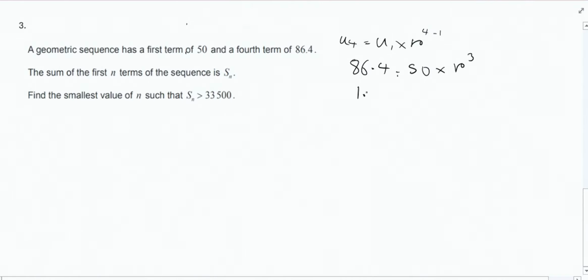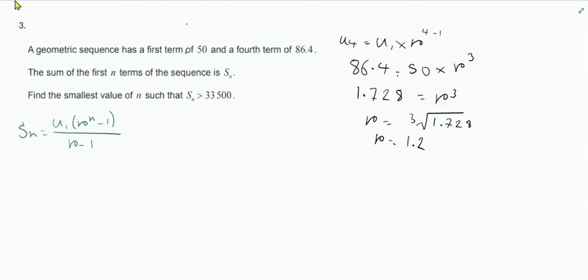So 1.728 equals r cubed, and the value of r is the cube root of 1.728. So r is 1.2.